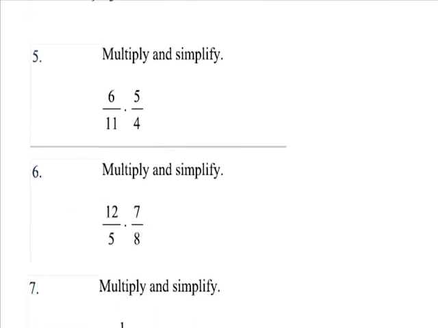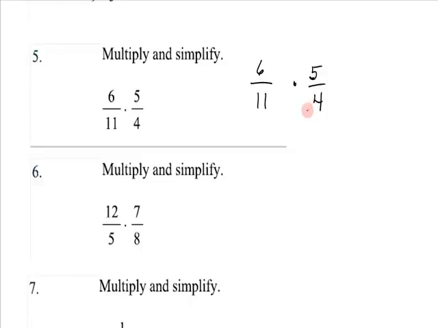Number 5. 6/11 times 5/4. Looking on the diagonals, 5 and 11 have nothing in common, but 6 and 4 are both even.